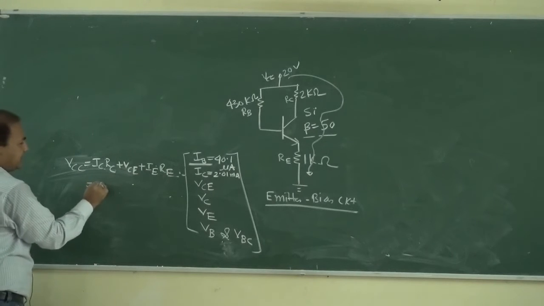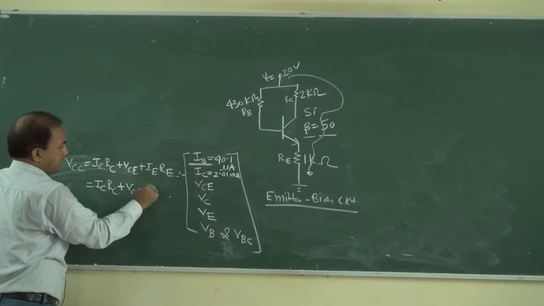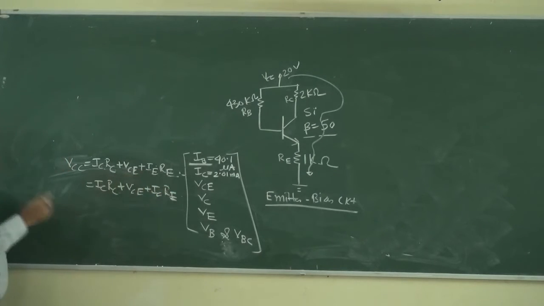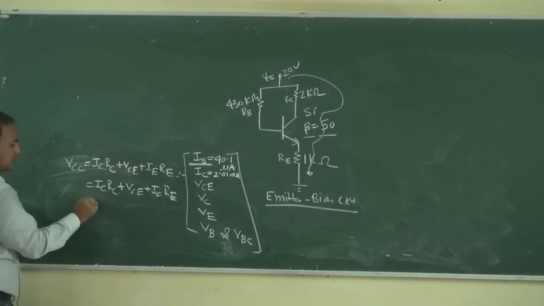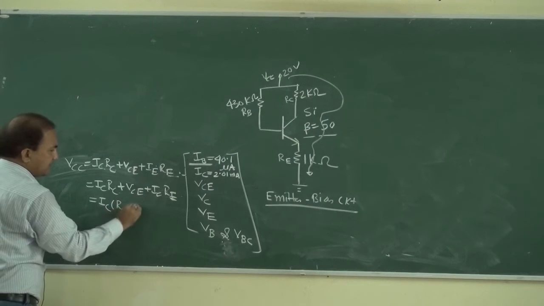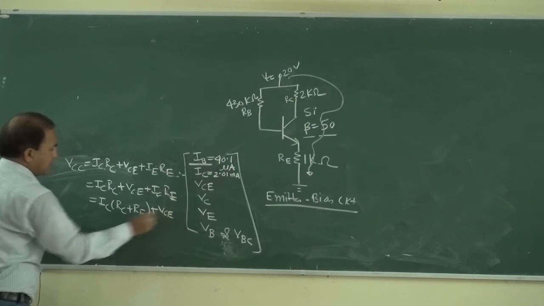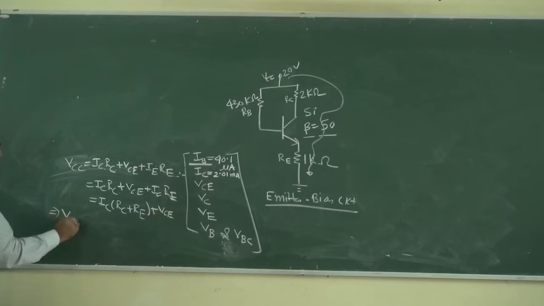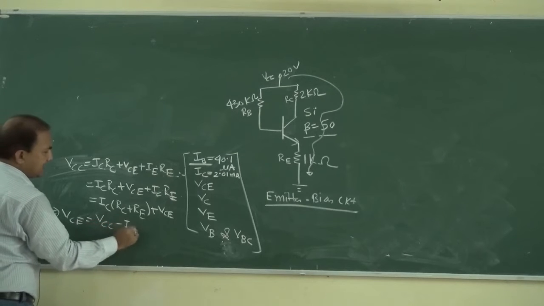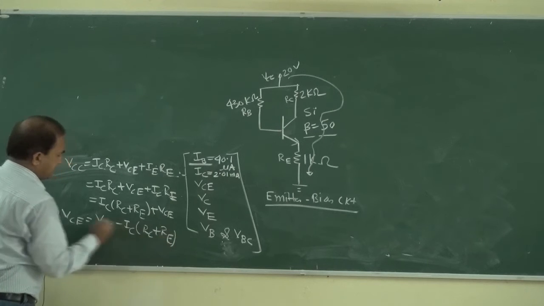So it can be written like this, plus IC into RE, because IE and IC are both approximately equal. So it is equal to IC (RC plus RE) plus VCE. From this we can determine VCE equal to VCC minus IC into (RC plus RE).